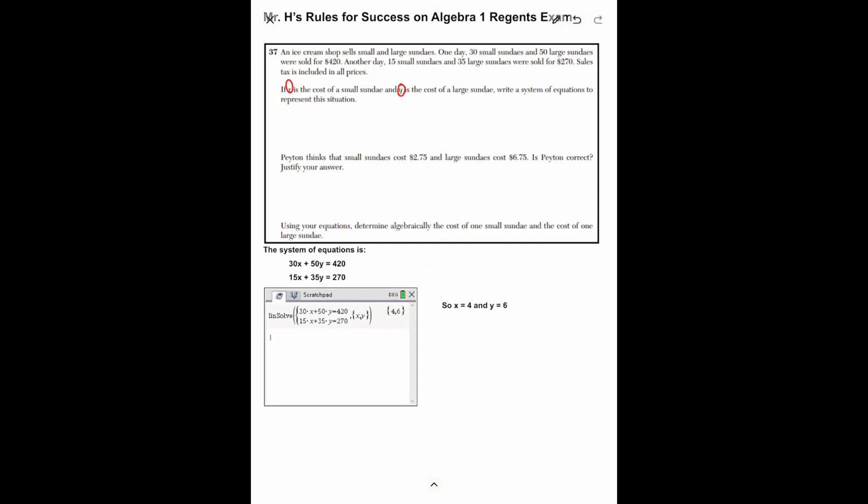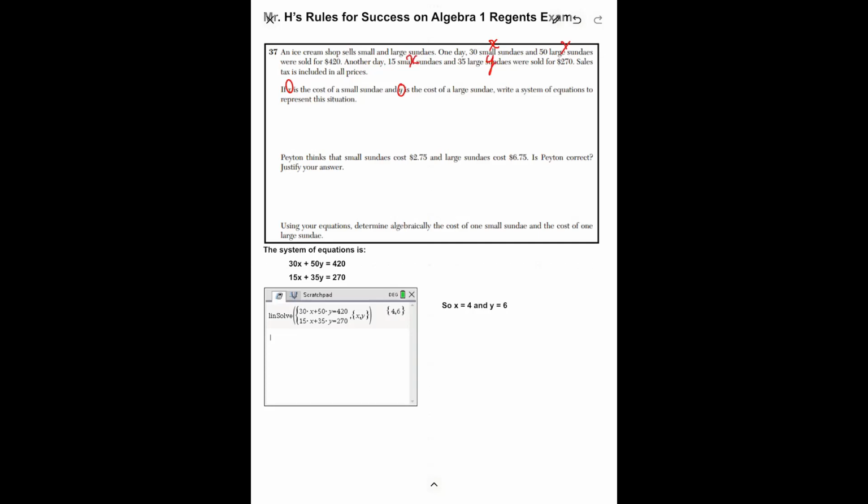Now, a lot of students usually with word problems, they get all kind of stuck and messed up, but this one is pretty straightforward. Basically, wherever you see small sundae, you're going to replace it with X, and wherever you see large sundae, you're going to replace it with Y. So this is going to be 30X and 50Y is equal to 420, and then the other one is going to be 15X and 35Y is equal to 270.